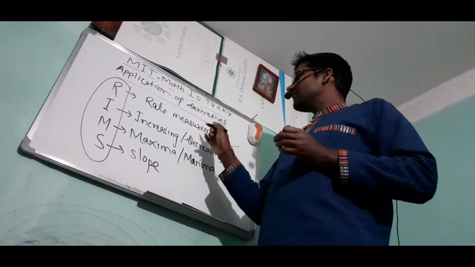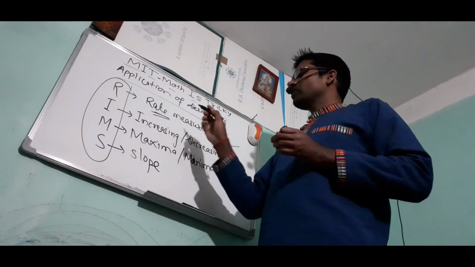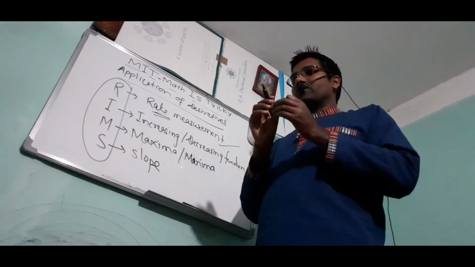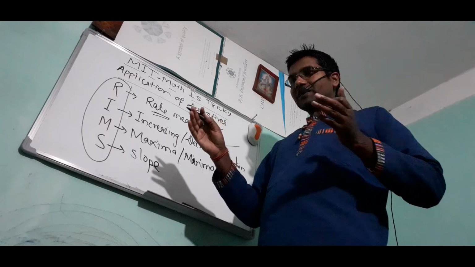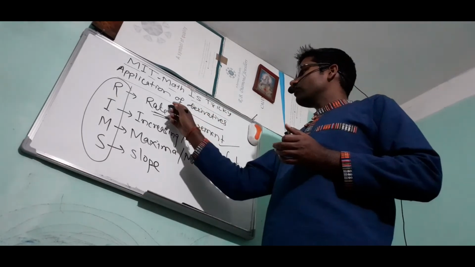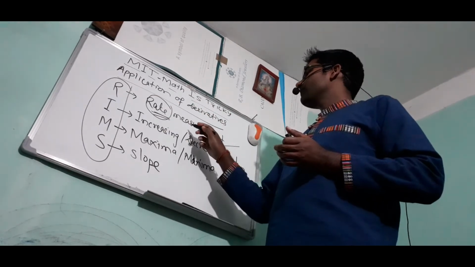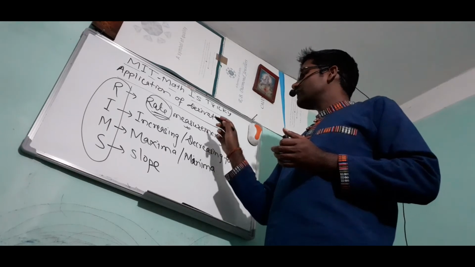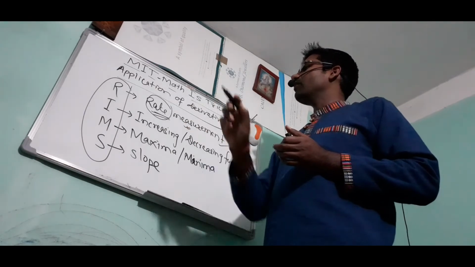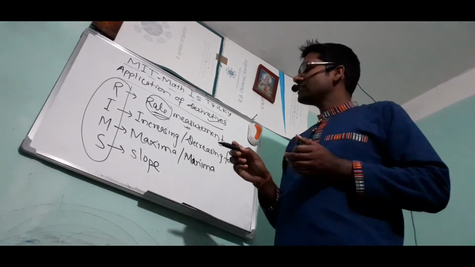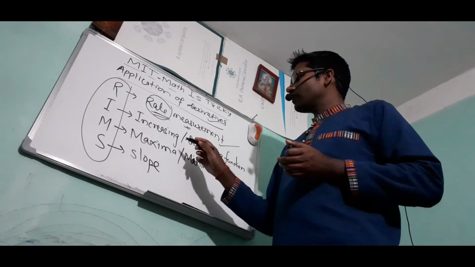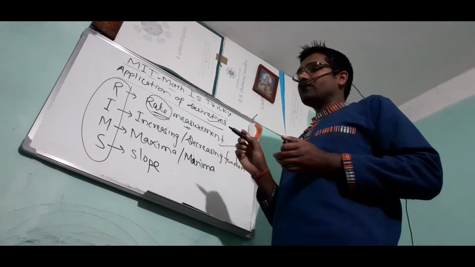So many things, anything related to rate. So, at what rate acceleration is being increased, at what rate a force is being increased. So anything related to rate will be measured, and its problems will be solved with the help of derivative. This is the first application, and I stands for increasing or decreasing functions.